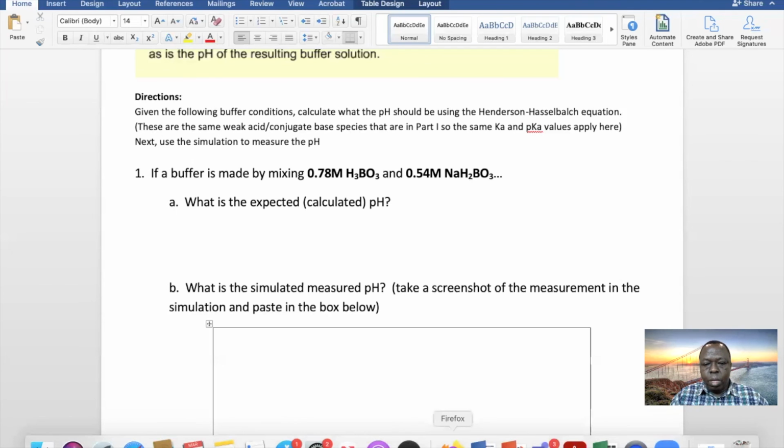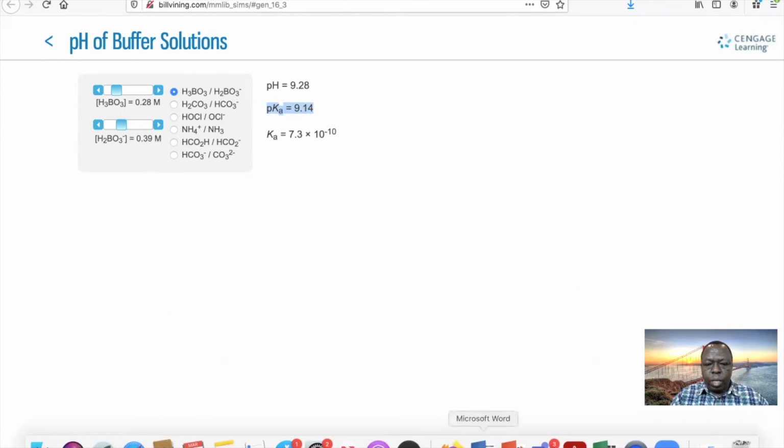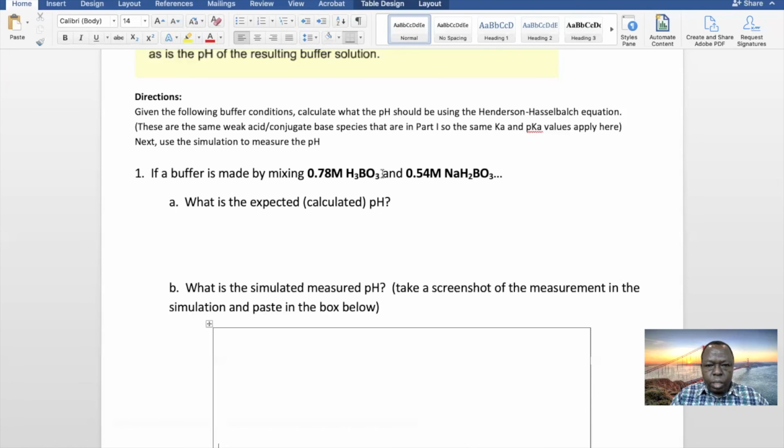So you know the pKa. The concentration is given for the acid. This is the concentration of the acid. This is the concentration of the base. And then what you calculate, you have to calculate. If you know the pKa and you know the concentrations, you need to calculate.